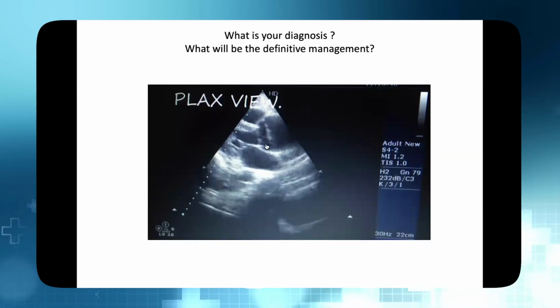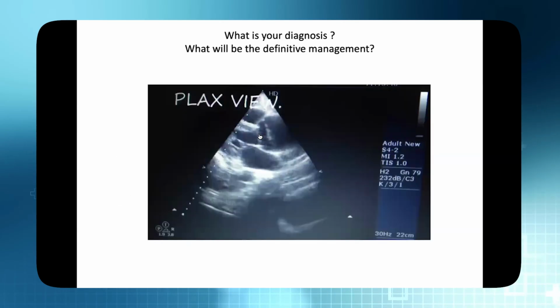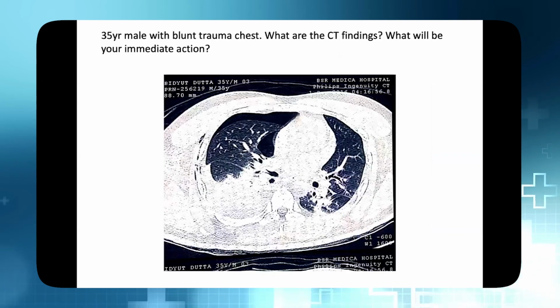Ascending aortic dissection, Stanford A type. So first resuscitation, BP management, and surgery is the management here. It is easy.